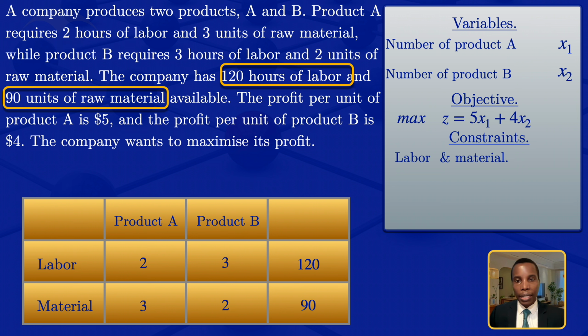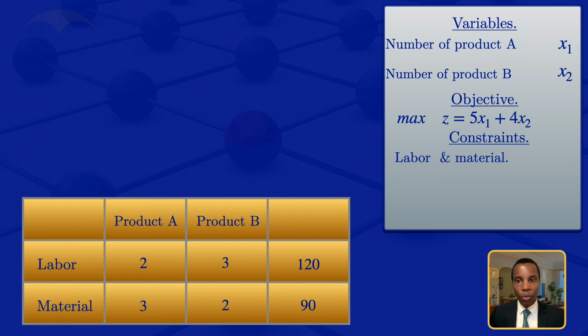After writing our information in a table, I can now write our constraints. For product A it's x1, for product B it's x2. So when we add 2 multiplied by x1, then 3 multiplied by x2, it should not exceed 120.